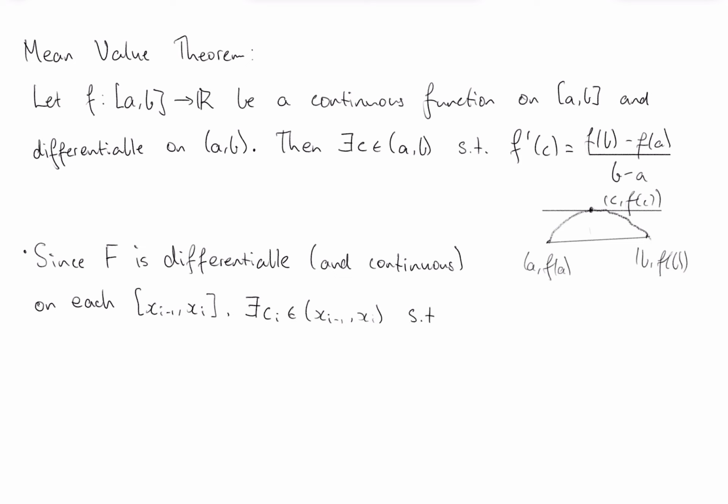such that capital F dash of ci equals f of xi minus f of xi minus 1, on xi minus xi minus 1.